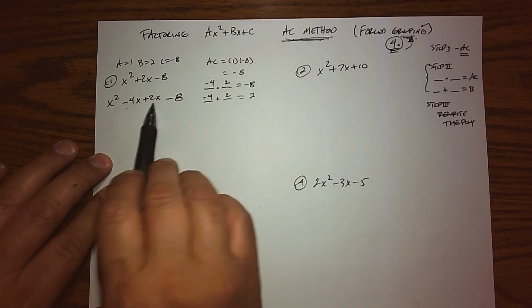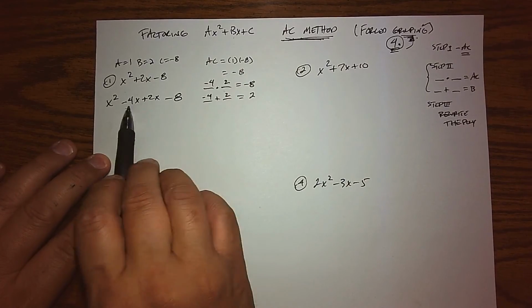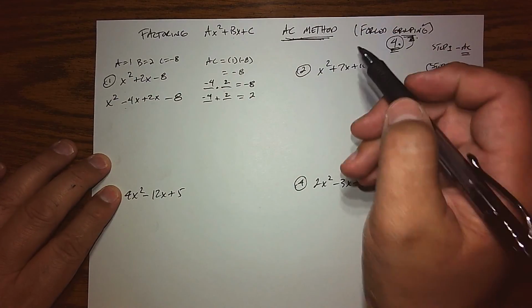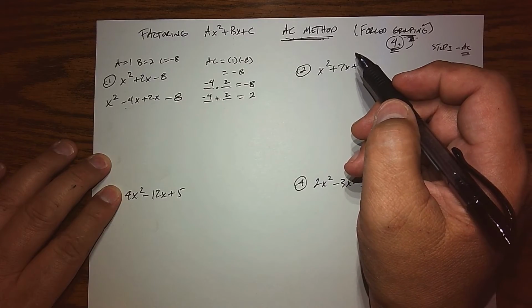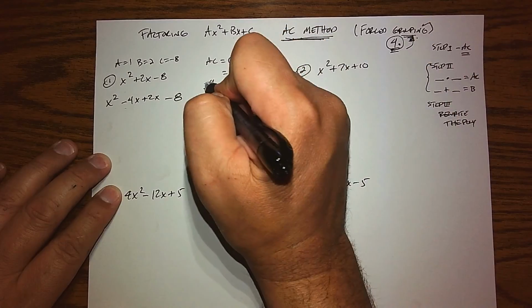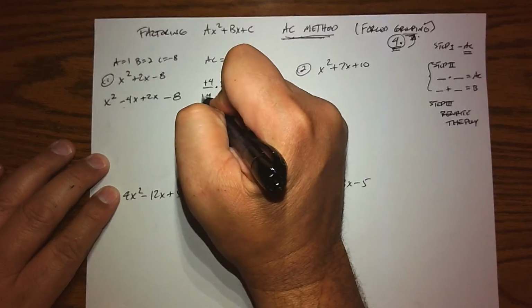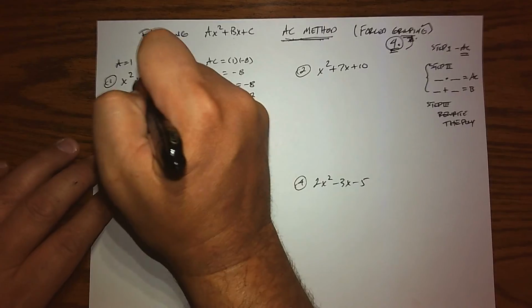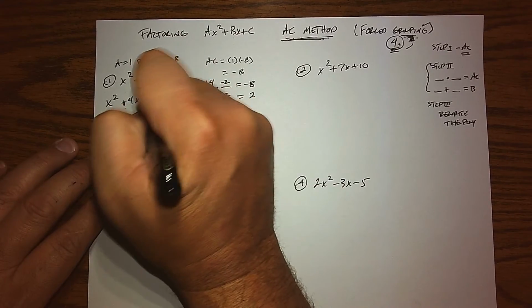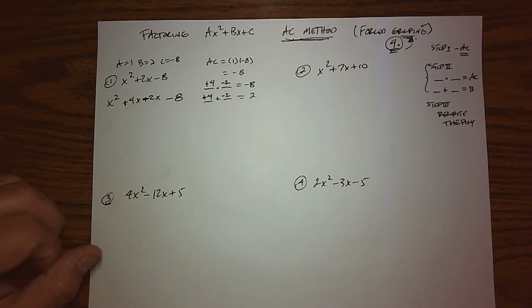Notice that if I combine these 2 terms together, oops, I think I goofed up. I think that needs to be plus and that needs to be minus. See, if we were in class, you would have caught that. So let me change that. Okay, now I've got it right.